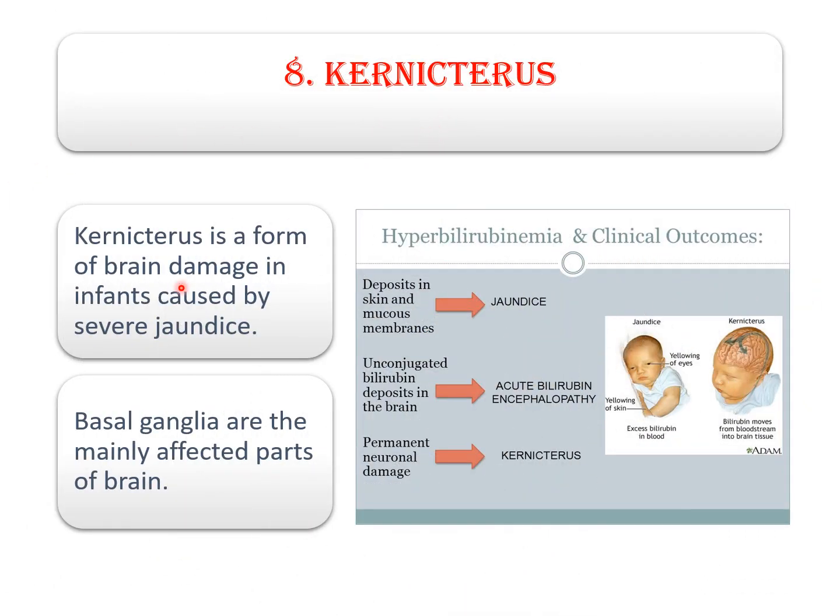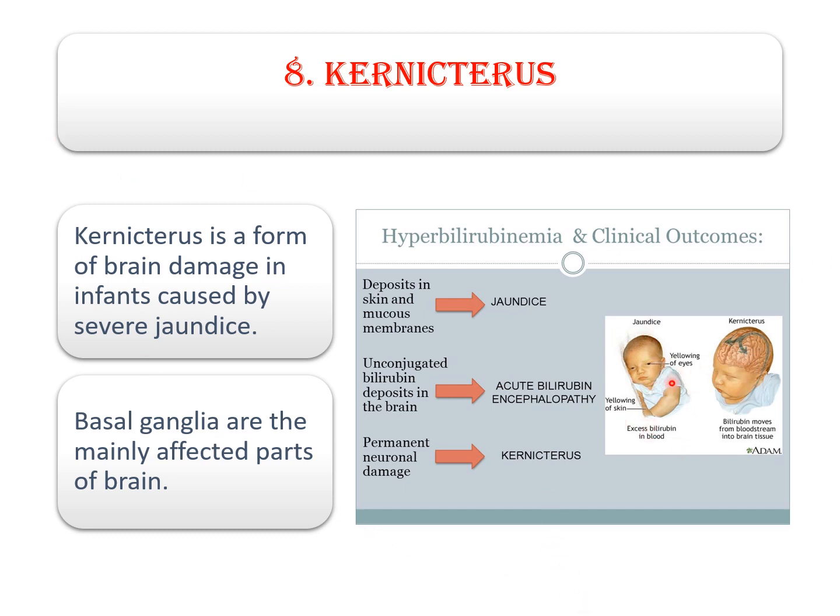Then kernicterus. Kernicterus is a form of brain damage in infants caused by severe jaundice. The basal ganglia are the mainly affected parts of the brain. In this image, this one is jaundice.